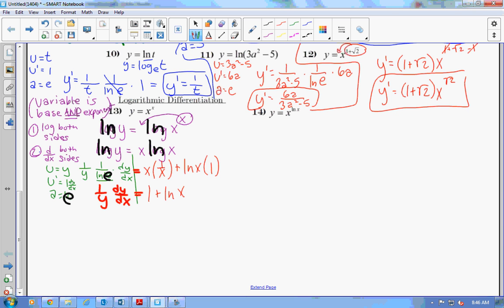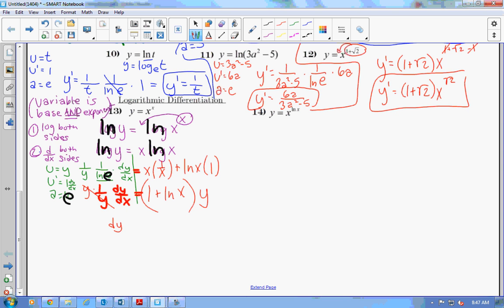Okay, so we're trying to find the derivative. We're trying to find y prime, or what's another form of y prime? dy/dx. So we need to solve for dy/dx. We're so close to being done. How do you solve for dy/dx? Divide by 1 over y, or could I just times by y? If I times both sides by y, make sure you do it to everything.